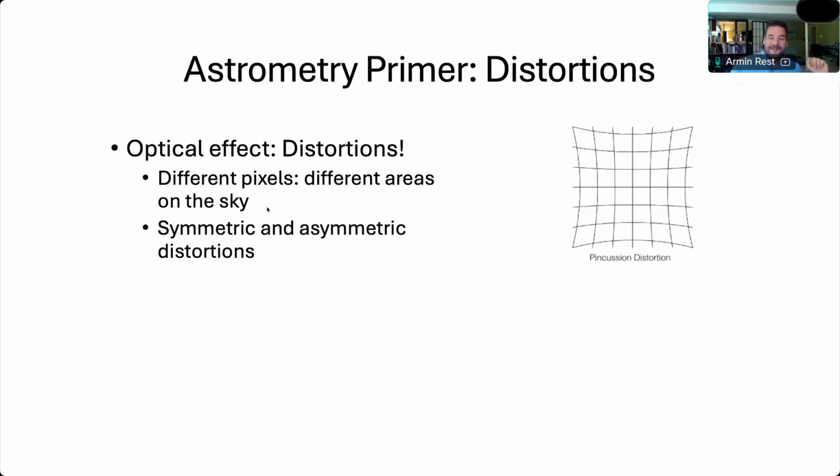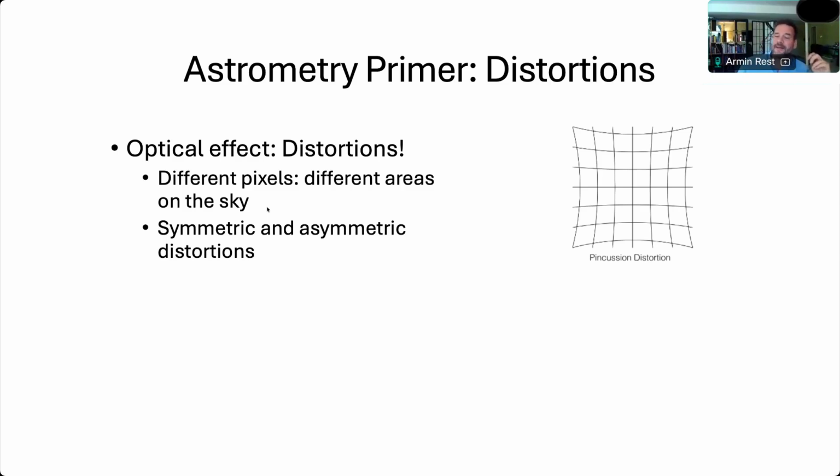Of course, the real world is not quite as easy. When I said that the detector has pixels that have the same area and length, that's unfortunately not true, because we have optical effects from the telescope, the camera, all of these different things. They are not perfect, and that means that when we actually look at a detector image, in reality it's distorted.